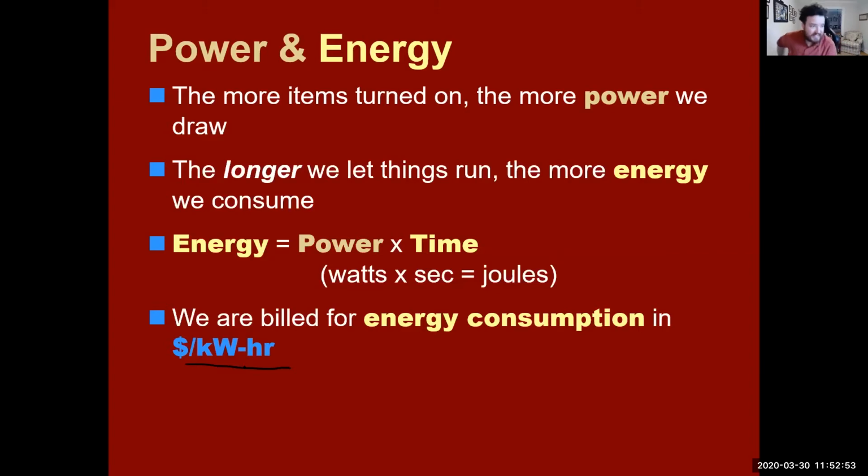The way they get that rate is basically their own equation. All right, how much it costs to produce that amount of energy. All right, and then they want to make a profit, so then they bring it up a little bit. All right. So what you use will be in kilowatt hours.